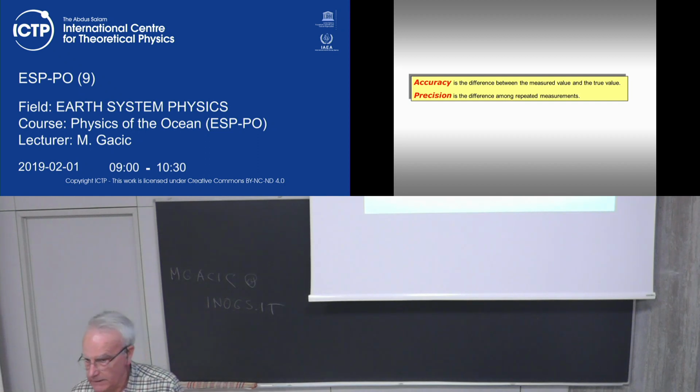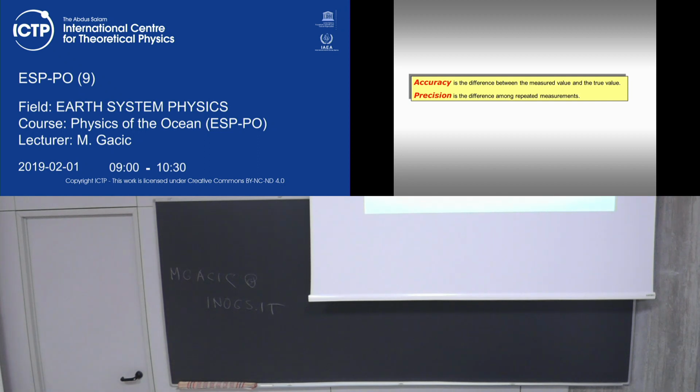If we know that the amplitude of the tide is on the order of 10 meters, we don't have to have a precision of 1 centimeter, right? And accuracy doesn't have to be on the order of 1 centimeter either. So this is what we have to take into consideration.